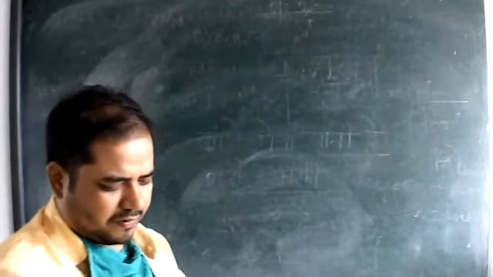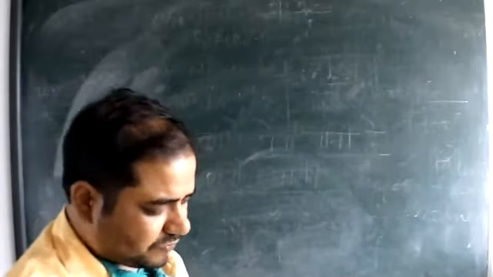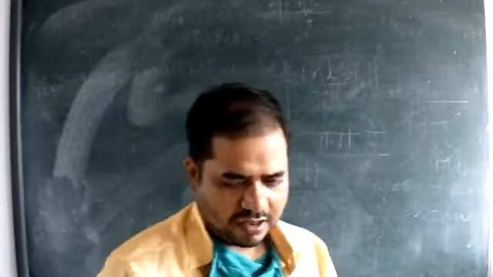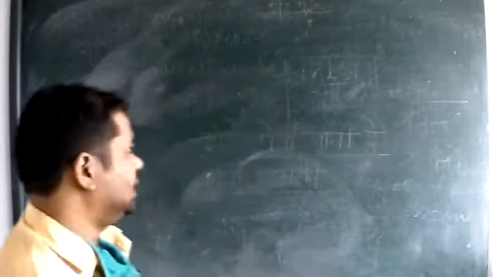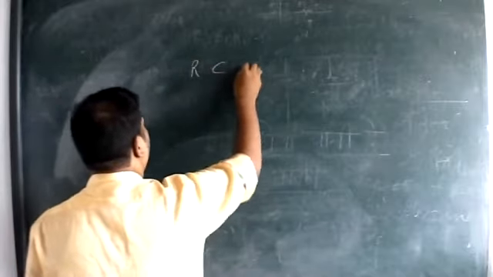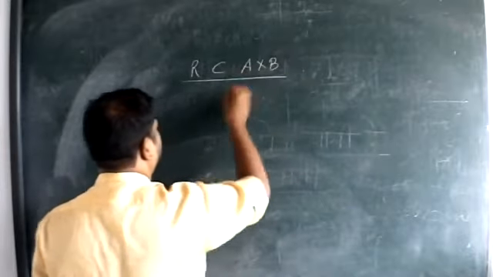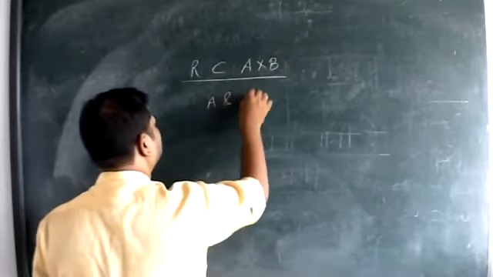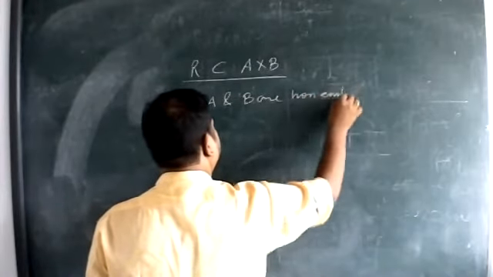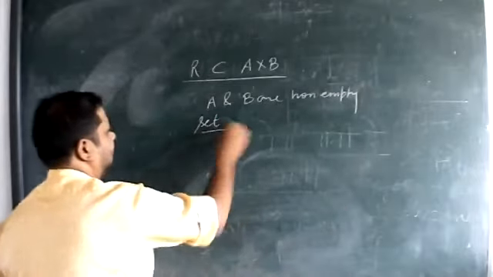So the first thing in relation and function is the Cartesian product of two sets. And what is a relation? Relation R is a subset of A cross B, where A and B are non-empty sets.